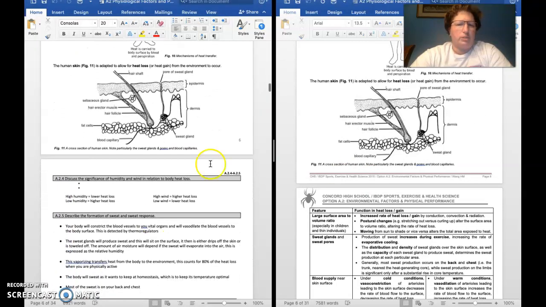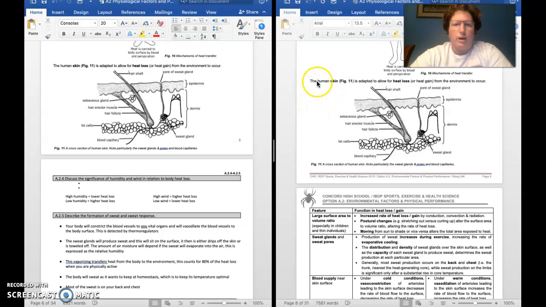So as we look at the picture, the skin is adapted to allow for heat loss. And how that happens is the hair shaft moves away from the layer of the skin, all right, so it becomes relaxed. And then we have the sweat gland, and then the sweat comes up into the pore, and then it runs down the top layer of the skin to help with cooling of the tissue.